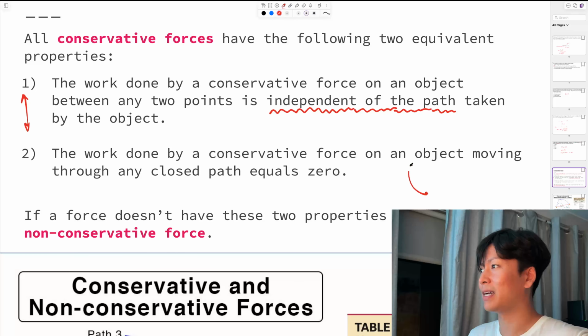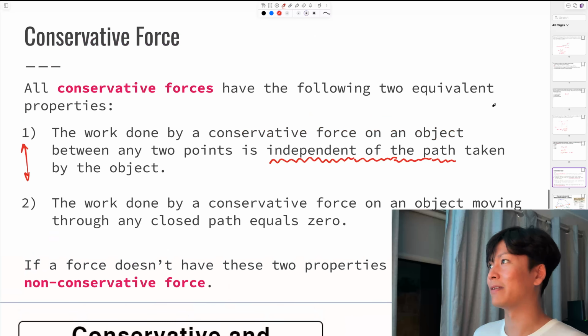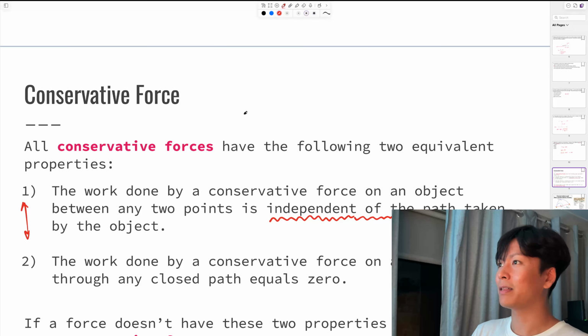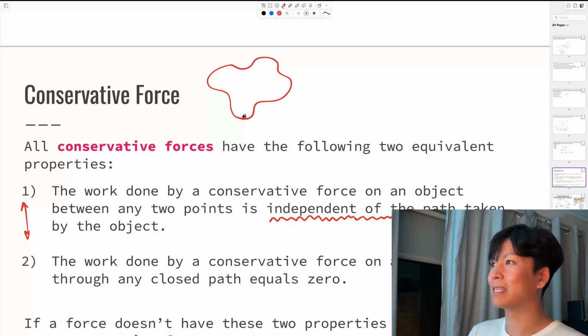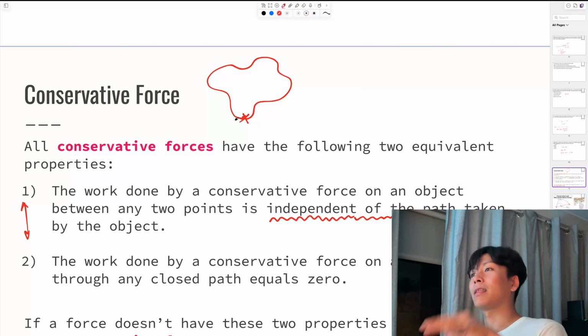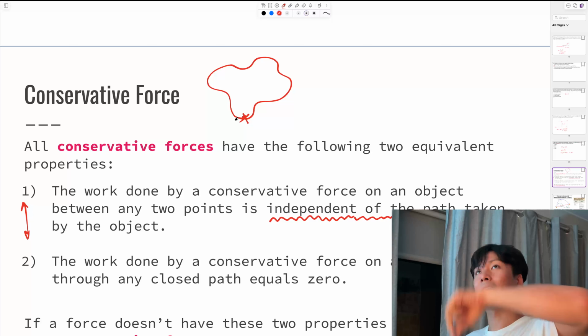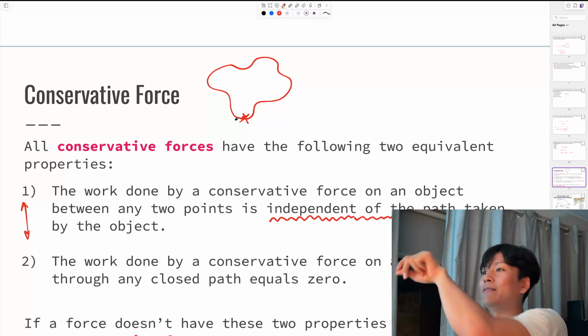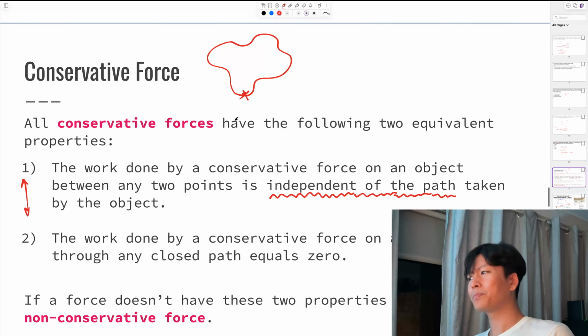If I start here and then do some kind of loop over and then end up back at the same point, that now becomes a closed path. So I start from one point, go around, and then eventually end up back at the same point.